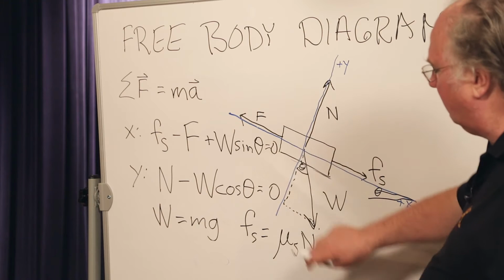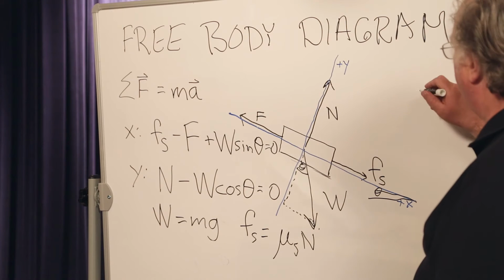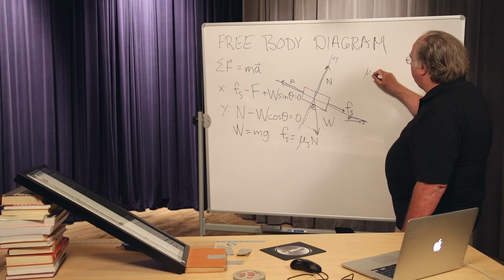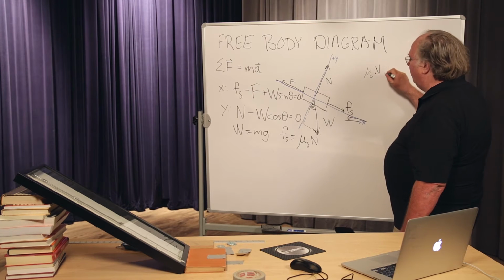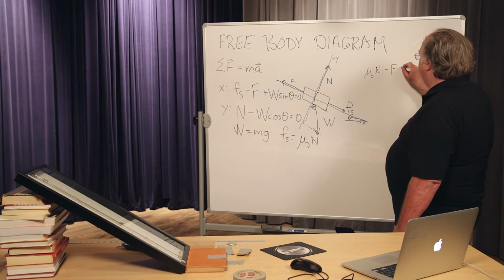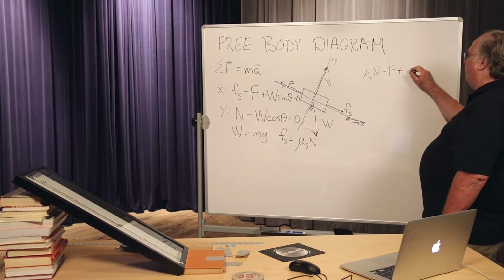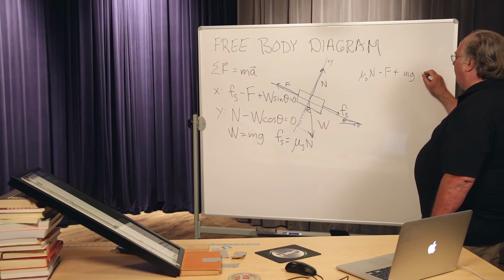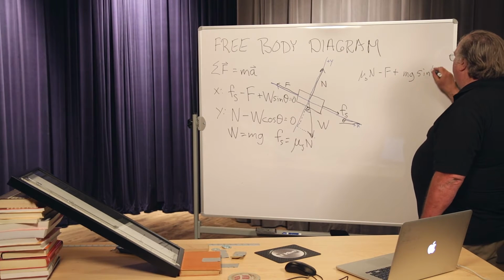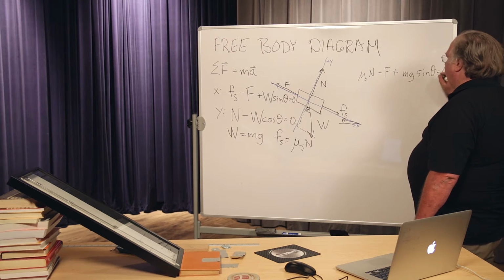I take the x equation, substitute for Fs, I get mu s n minus big F plus, substituting mg for W, mg sine theta equals 0.